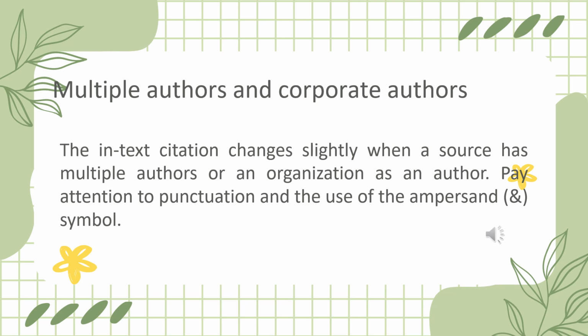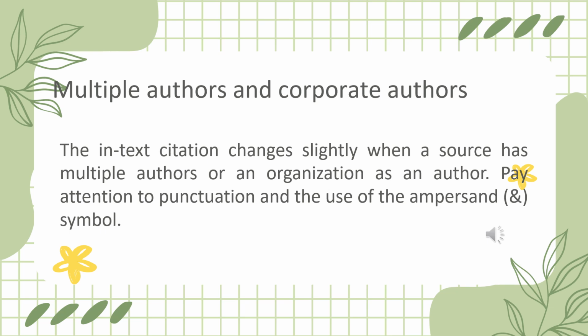Okay, so you might want to ask, what if there are multiple authors and corporate authors that need to be written in the citation? When we cite sources with multiple authors, use the ampersand. You know that sign, the ampersand is the and. It's like a shortcut symbol for and, between the last two authors' names in a parenthetical citation.